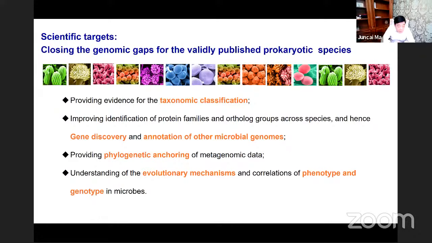And we hope that through our database, scientists can gain a better understanding of the relationship between phenotype and genotype for microorganisms. So we want to provide more and more data for the type strains from our WDCM.